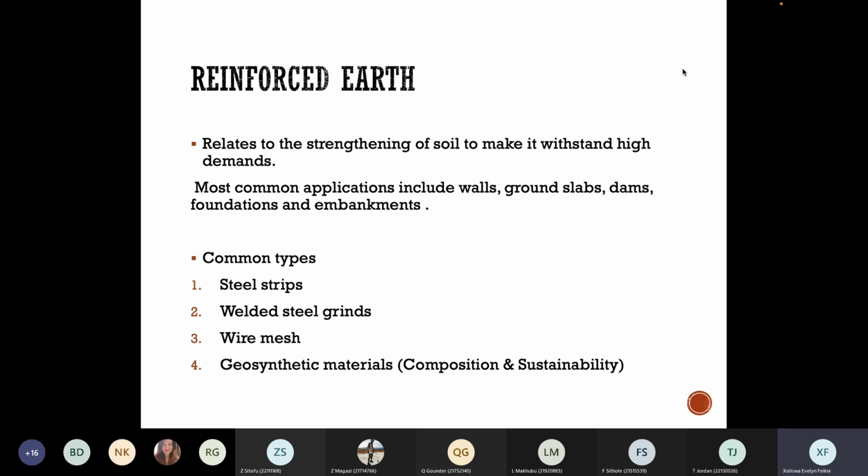Why are we doing that? Because it's important to be sustainable. Remember, reuse, recycle. So all those things, even when it comes to construction, are important.